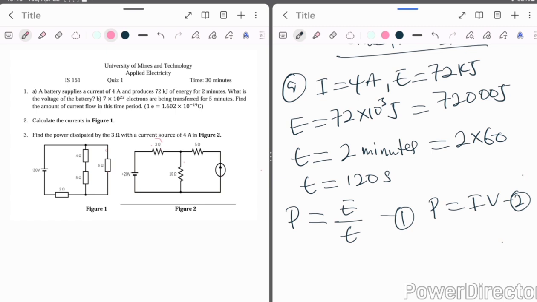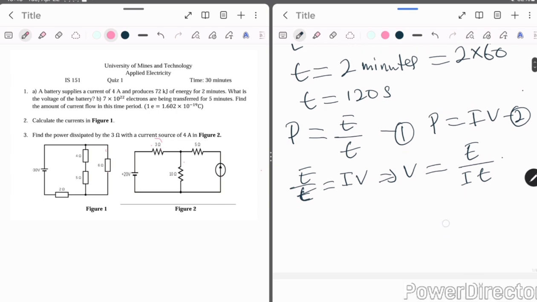So we equate equations 1 and 2 so that energy over time is equal to current times voltage. Since we are interested in voltage, we make voltage the subject, so voltage equals energy over current times time.